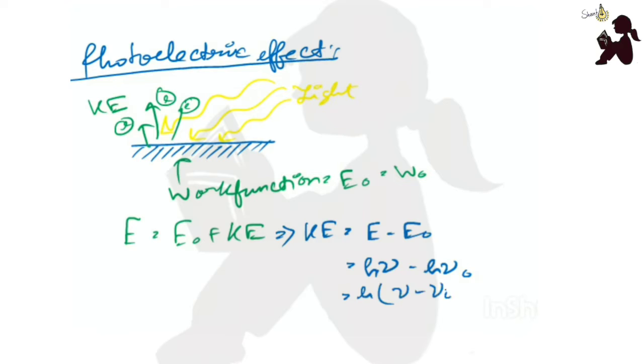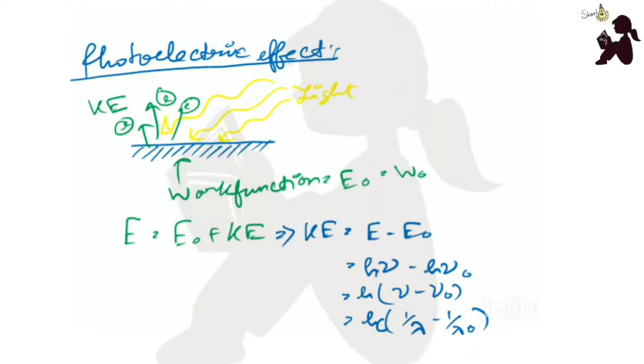So it has a form like this with respect to frequency. If you want to write it with respect to wavelength, then it will come hc into 1 by lambda minus 1 by lambda naught.